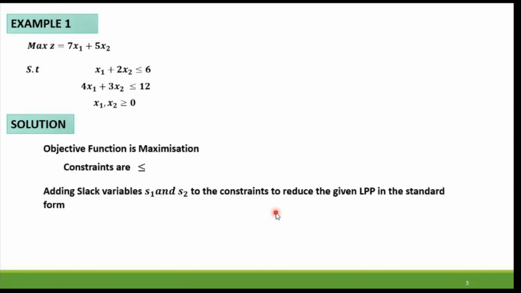Now adding slack variables S1 and S2 to these constraints to reduce the given LPP to the standard form. We are converting these inequality constraints to equality constraints by adding the slack variables.